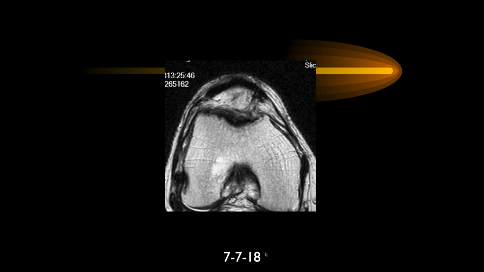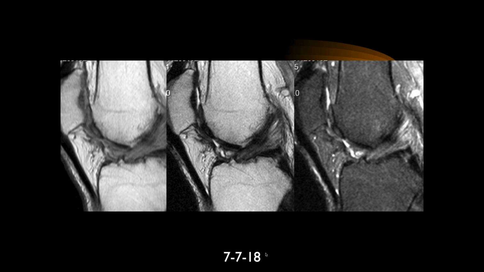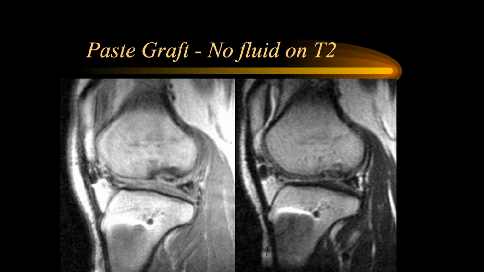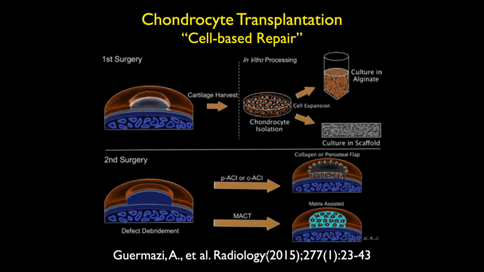There's a subchondral bone plate, and there's been some type of surgery to fill in that chondral defect. It looks intact. So this is another paste graft using this same technique. Much to my surprise, I've seen some of these have rather marked improvement, and this is something we really should publish, and we have the data on it. And here's another case of a paste graft.